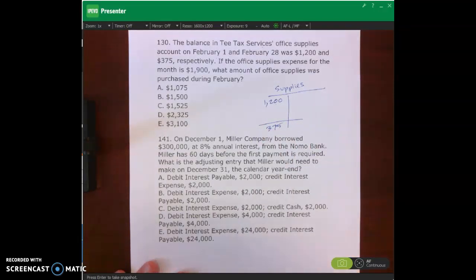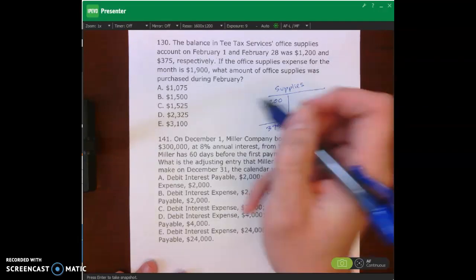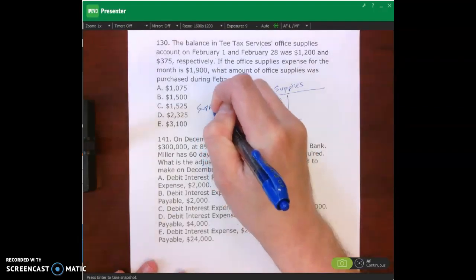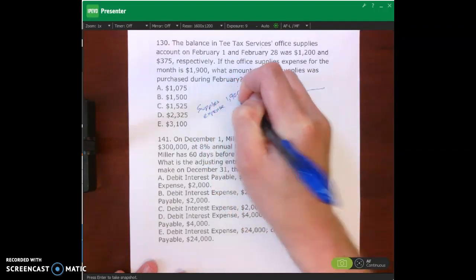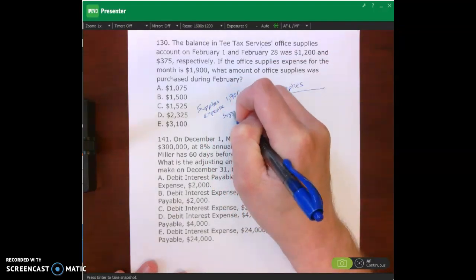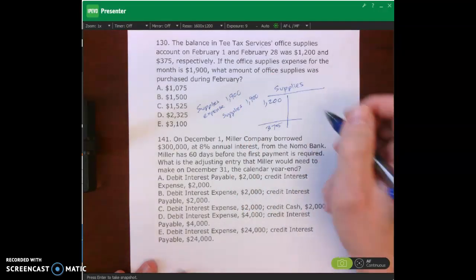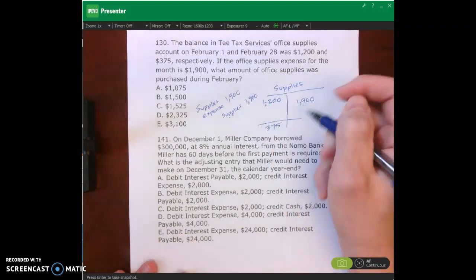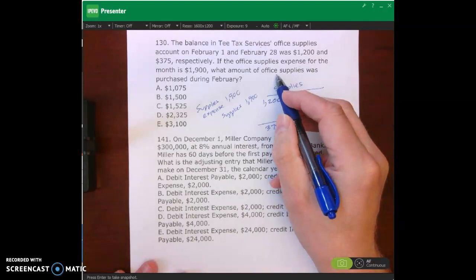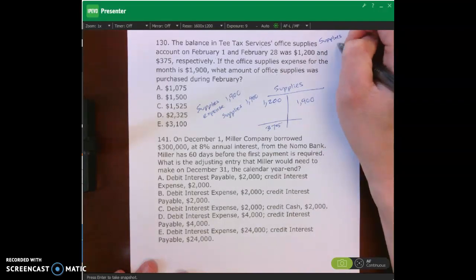It says, if office supplies expense was $1,900, how much did they purchase? Well, what is the journal entry to recognize office supplies expense? Debit supplies expense $1,900, right? And then credit to supplies, $1,900. So if I think about my supplies T account, I've got my $1,900 over there. So then what I'm looking for, if I think about what's the journal entry to record that we purchased supplies, well, it's debit supplies and then credit cash.